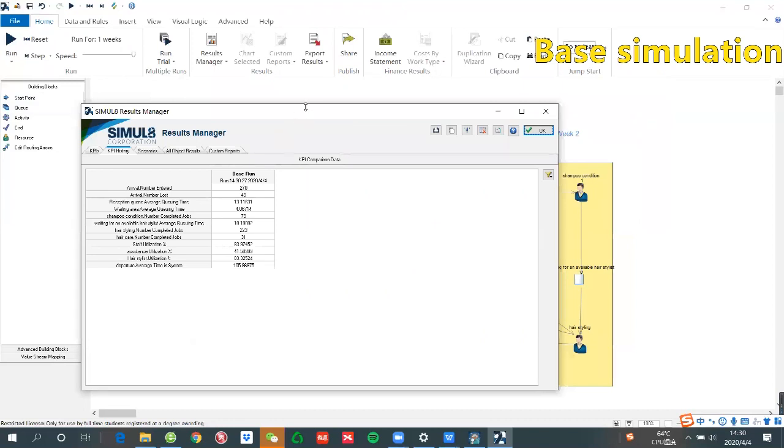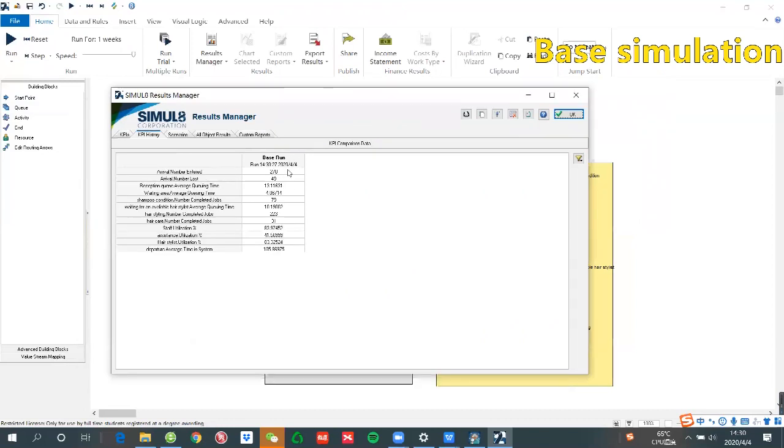In the result, we can see that the number of customers arriving at this hair salon is, as we expected, 270. However, due to the lack of space, we have lost about 49 customers, and the average queuing time for the reception is about 13 minutes. The average queuing time in the waiting area for getting assistance is roughly 4 minutes.